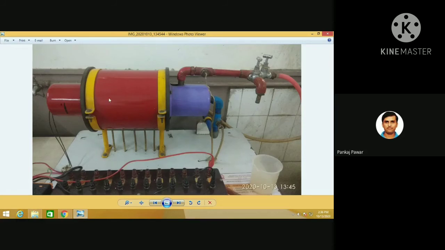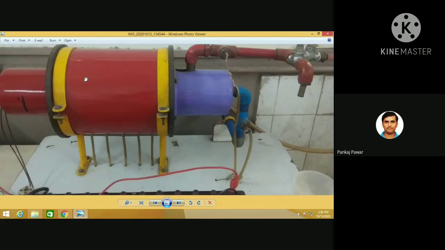Clear? Now, as we know, the 75 mm diameter metal rod runs throughout from the left side to the right side, and inside this test section, surrounding the metal rod, they have provided insulating material, that is glass wool. Inside this we have glass wool insulation, and at the center we have the metal rod.